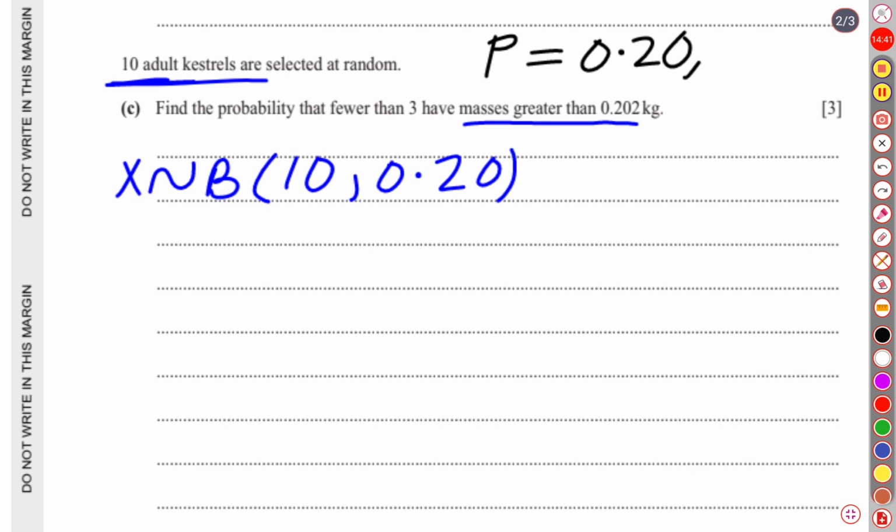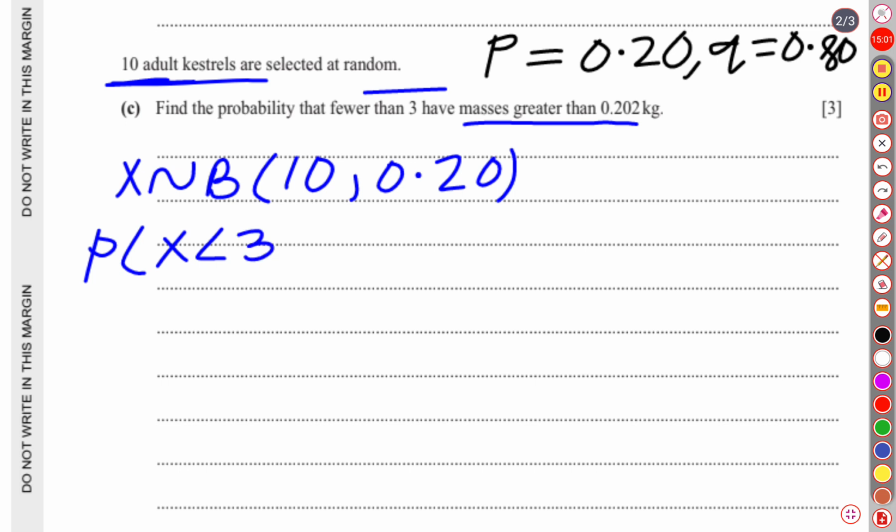Definitely q is going to be 0.80, that means masses less than 0.202 kg have probability 0.80. Now they have told us to find the probability of fewer than 3, so less than 3.